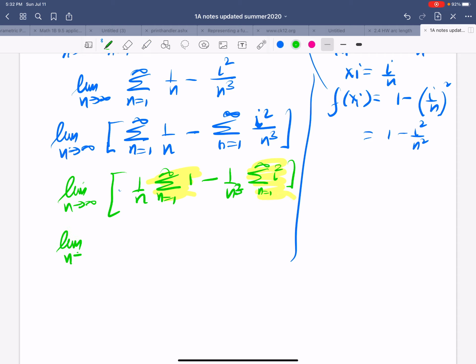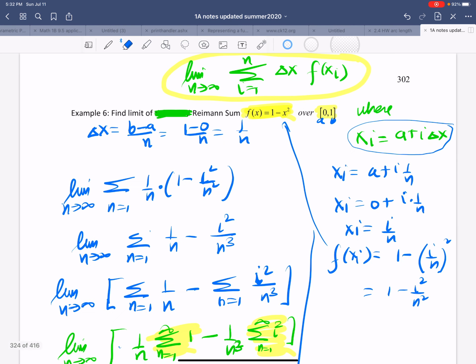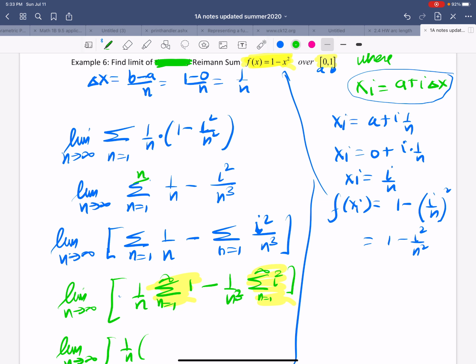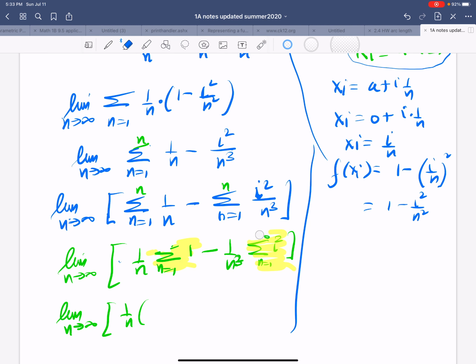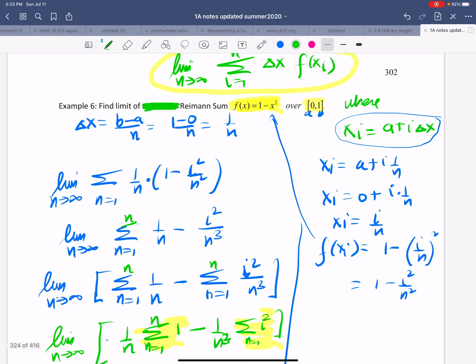So limit as n goes to infinity, 1 over n times the summation. Sorry, all these are going to be going from 1 to n. And it should be i equals 1 to n, so let's go back and fix it.